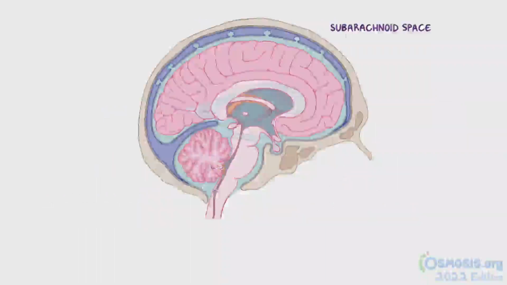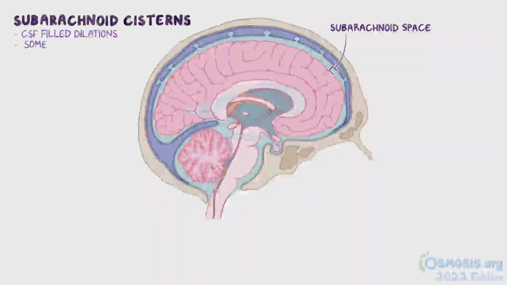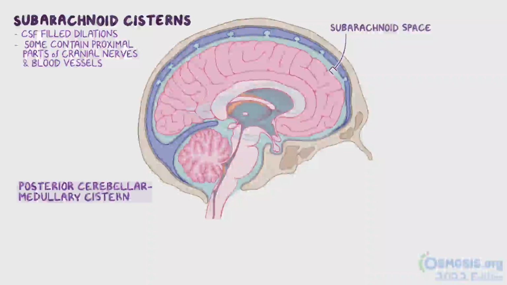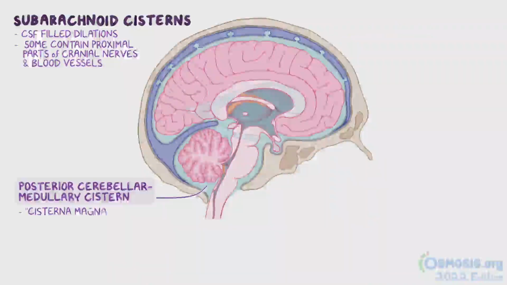The subarachnoid space has CSF-filled dilations called subarachnoid cisterns. Some of these cisterns contain proximal parts of cranial nerves and blood vessels. On a mid-sagittal section of the brain, we can identify the main subarachnoid cisterns. Between the cerebellum and the medulla, there is the posterior cerebellomedullary cistern, also known as cisterna magna.